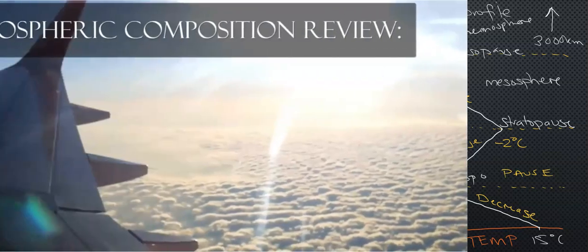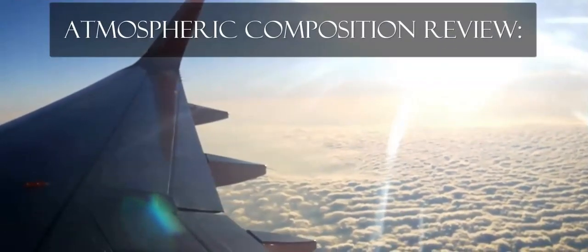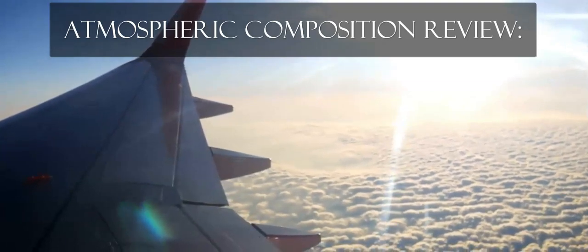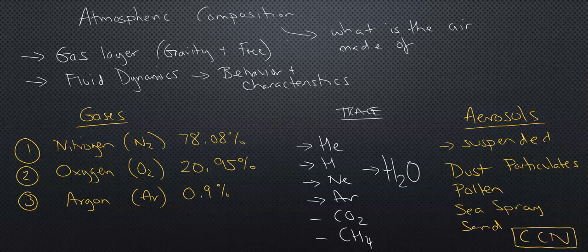This part of the review is on the atmospheric composition, what's in the air, and the variable, trace, and aerosol components. So in discussing the atmospheric composition, we're discussing what the air is made of, what's in the air exactly. And this atmospheric layer is a gas layer, mostly.